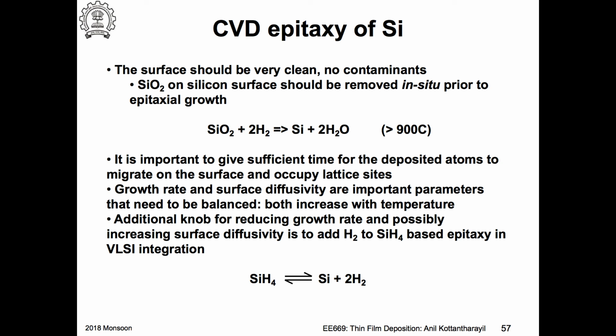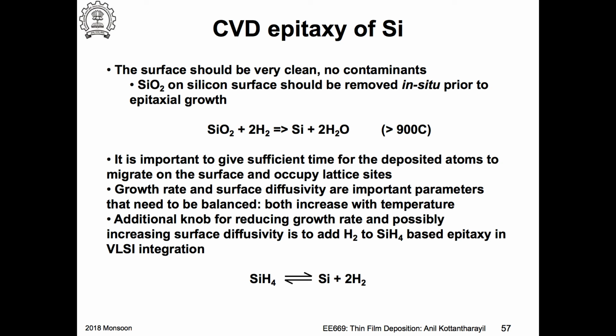So there's one technique that you can use for removing the oxide in situ, prior to deposition, inside the epitaxial reactor. You have this very simple reaction happening at these high temperatures. If you have silicon dioxide on the surface, you pass hydrogen. Hydrogen will react with the silicon dioxide. Of course, this is a reversible reaction, since you may also have H2O oxidizing silicon.